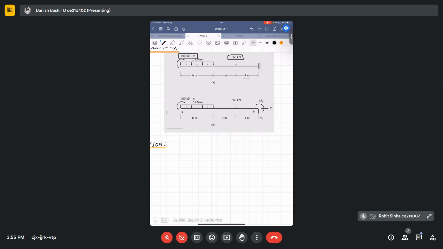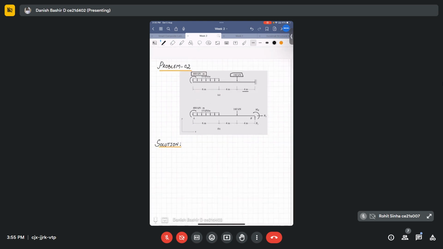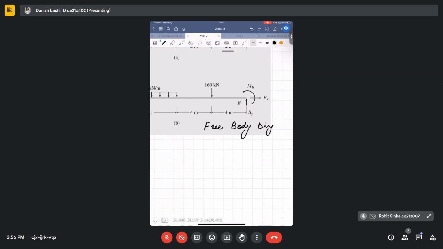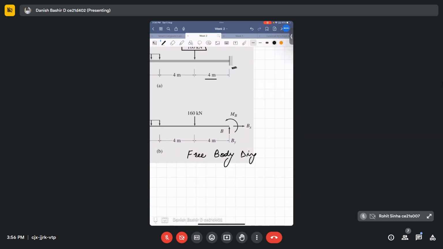First and foremost, detach the structure from its supports and write the free body diagram. This is the free body diagram. It only has one support, the fixed support here. Detaching it from here, we get this type of thing.